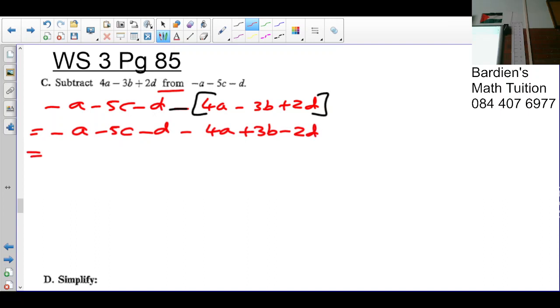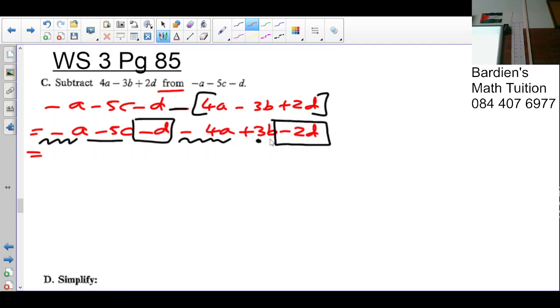So what do I do now? Negative a minus 4a, minus 5c, which is on its own. Minus d minus 2d, plus 3b. All agree with that? So let's go.